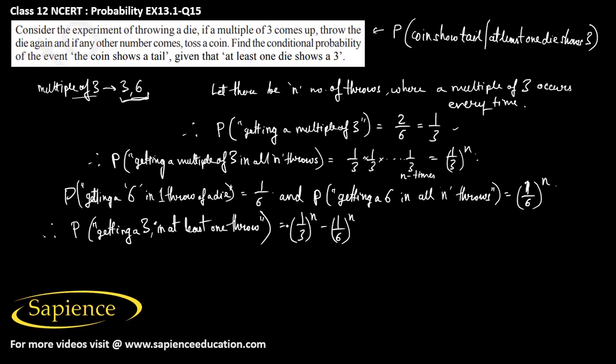So we have found the probability of getting a 3 in at least one throw out of the n throws.